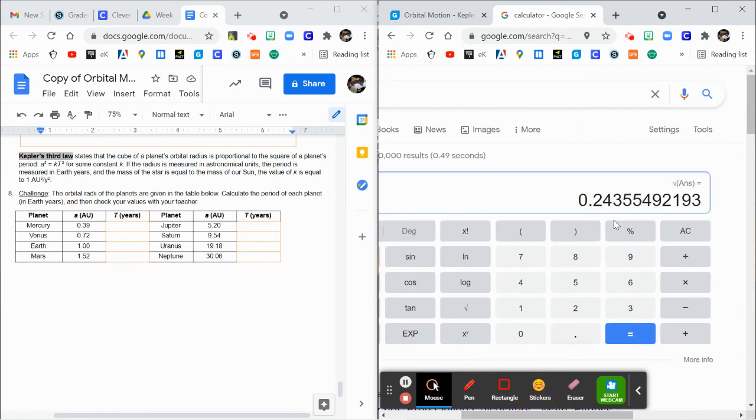And it equals 0.244. Okay, there you go.